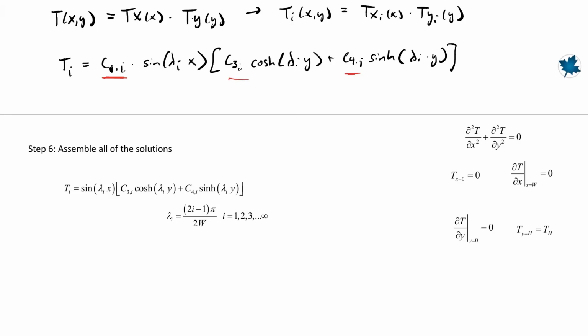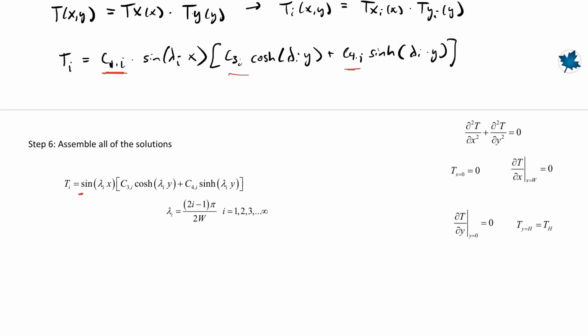So we're going to lump that C1i in with the other unknown constants. And so then we just have 2 sets of unknown constants within the y solution. Rewriting that, you can see that the unknown constant in front of the entire expression went away, and we're just left with C3i and C4i for all those lambda i values.